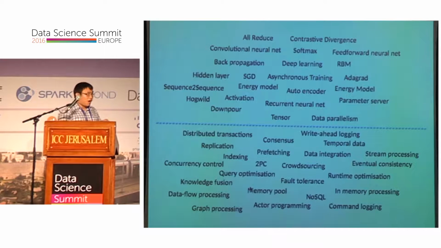The purpose of this talk is not to draw the line between those two sets of words, but to bring you some sense of how these two sets of words actually have a lot in common. This line there is just imaginary. We hope to be able to borrow many of the techniques from the bottom half to benefit the top half as well.